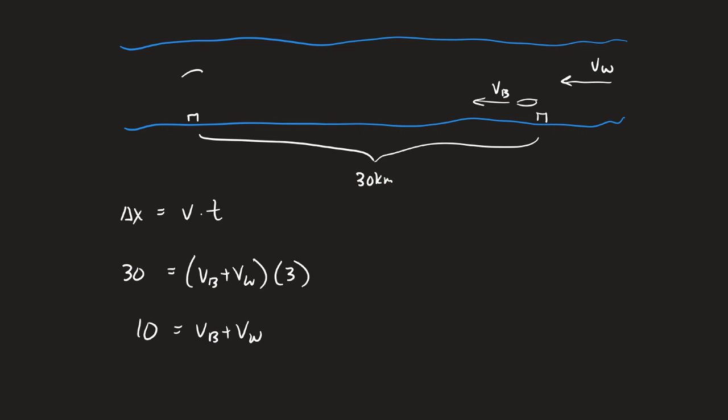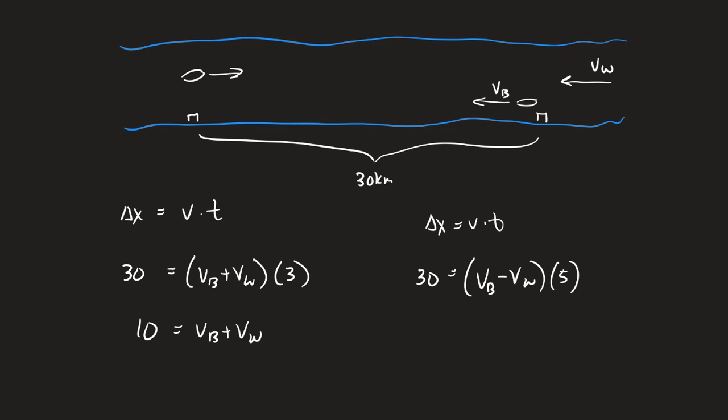So when the boat travels backwards, it takes 5 hours to do the same trip. So under this circumstance, the boat has to travel 30 kilometers, but this time it's the velocity of the boat minus the velocity of the water, because it's traveling against the current, and it takes 5 hours.